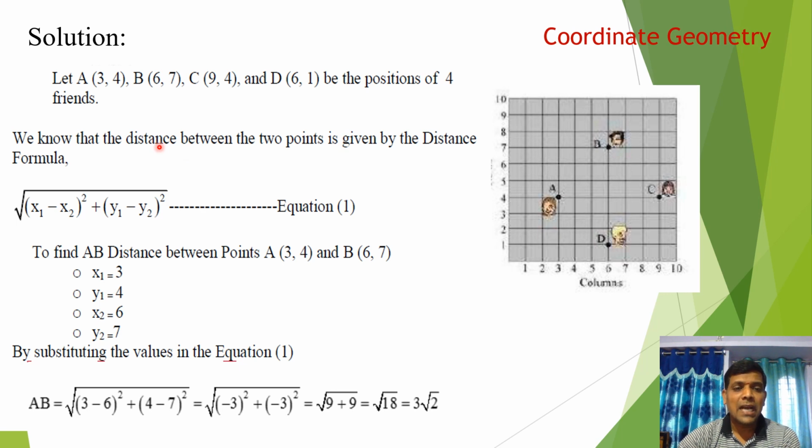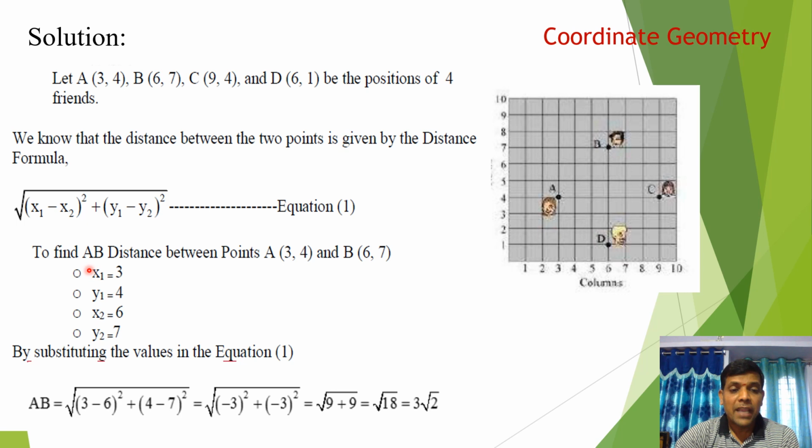So coming to the solution part. Let A (3, 4), B (6, 7), C (9, 4) and D (6, 1) be the positions of the 4 friends. We know that the distance between two points is given by the distance formula, root over (x1 minus x2) whole square plus (y1 minus y2) whole square.